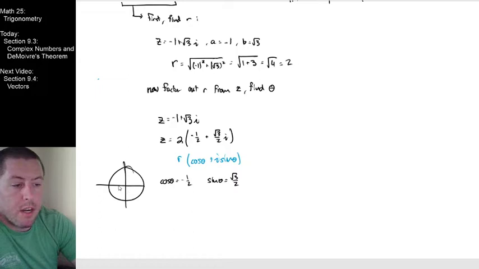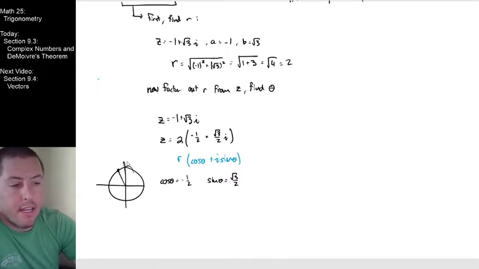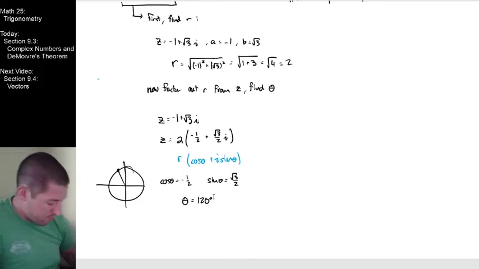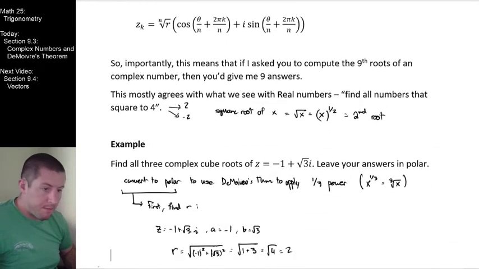Our cosine is going to go to the left a little, our sine is going to go up a lot. I think that's our location of interest. That was like 90 degrees plus an additional 30 degrees, so 120 degrees. I'll do this one in degrees just because we've done the others in polar here, and both of these are acceptable, I suppose.